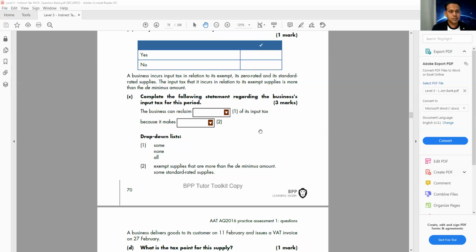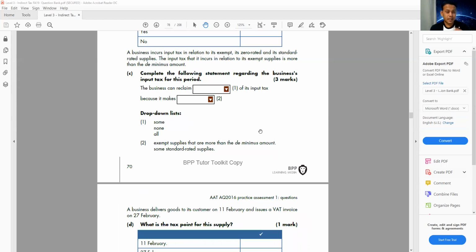Okay, so let's move to the next page. It says a business incurs input tax in relation to exempt, zero rated and standard rated supplies.